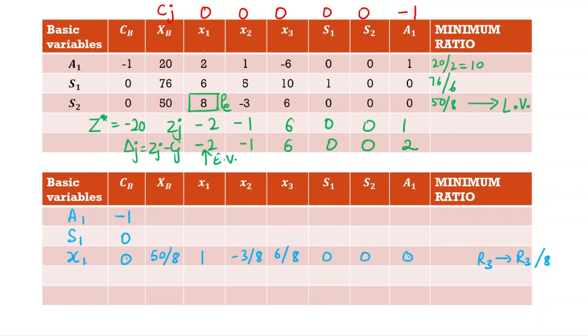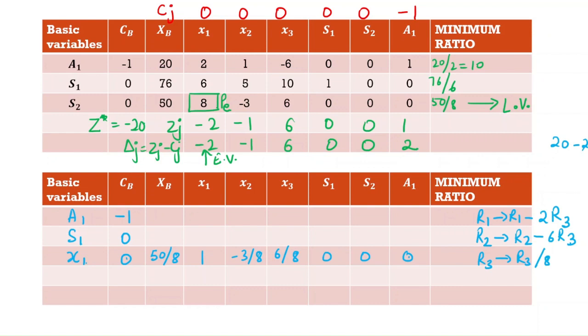And the rest of the elements that we have above 8, we have to make them 0. So how we can make them 0? So R1 goes to R1 minus twice of row 3, and row 2 goes to row 2 minus 6 times of row 3. So let's just subtract it. So this is 20 minus 2 times of 50 over 8.